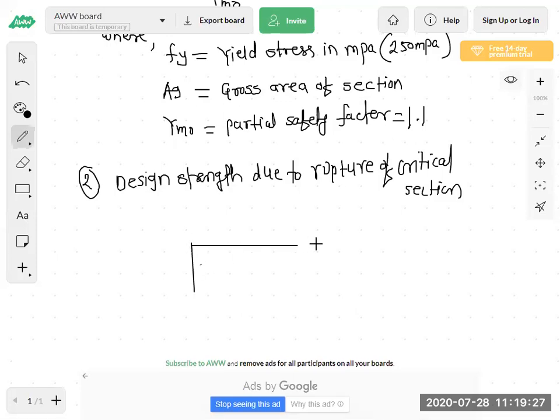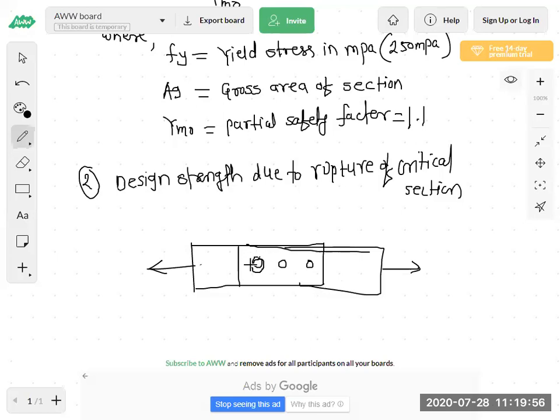See, I have told you, if such two plates are connected to each other, these two plates are under tensile load, and here we have made the connection bolted. So rupture, it means what? Rupture means this bolt is punching into the hole, and this hole is increased due to the pressure of the bolt applied on the plate.